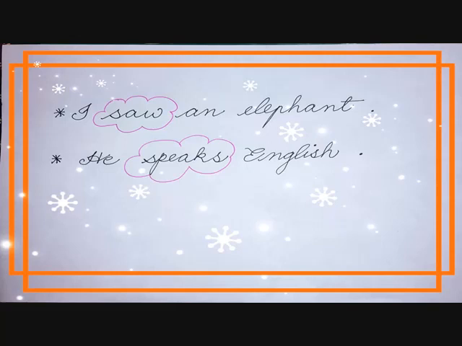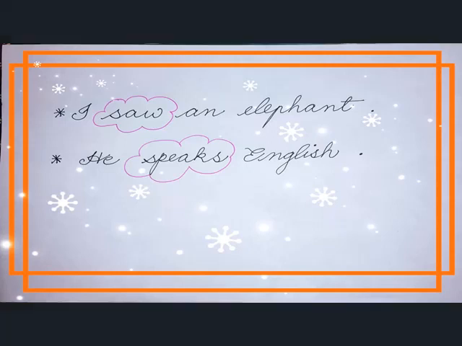So this verb is not dependent on any other verb. Now let's see the second example. He speaks English. Here speaks is the main verb. We do not have any helping verb in this sentence also, like the previous one. The main verb here is simple present tense.